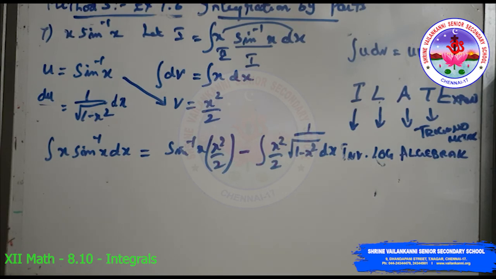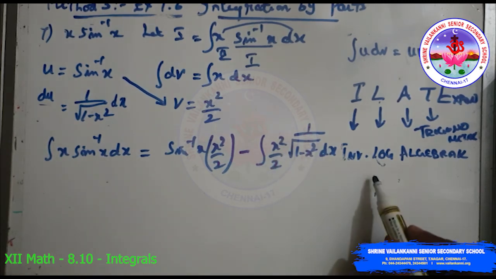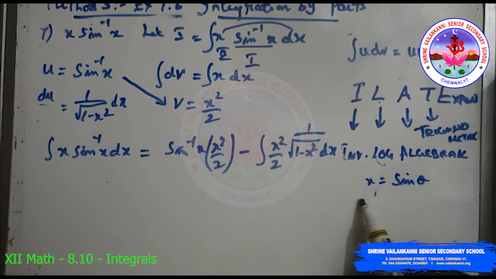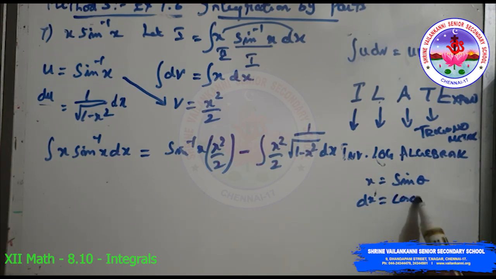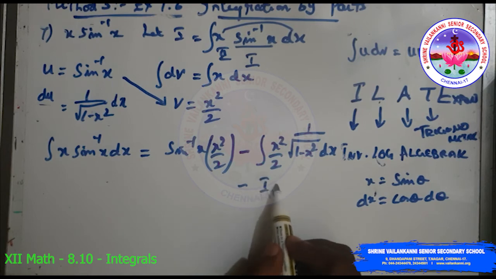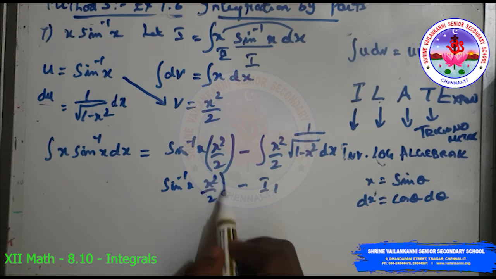Here we have to apply x equal to sine theta in this integrand. That is, put x equal to sine theta, differentiating x with respect to theta, we get cos theta d theta. So using this in this integrand, I am taking this as minus I1. So sine inverse of x into x square by 2.